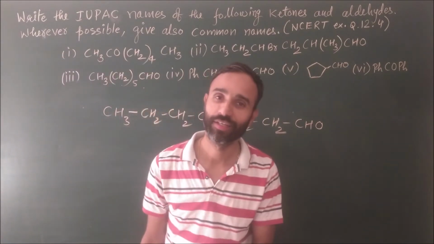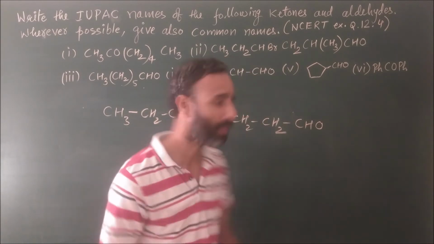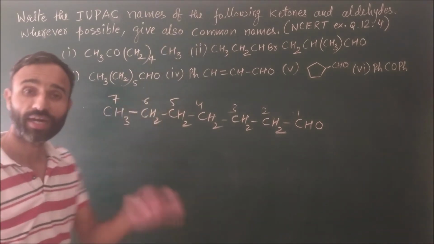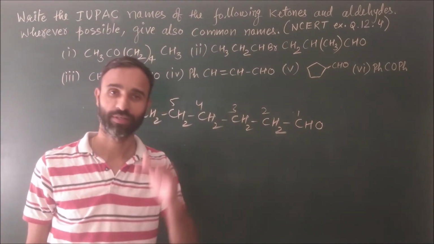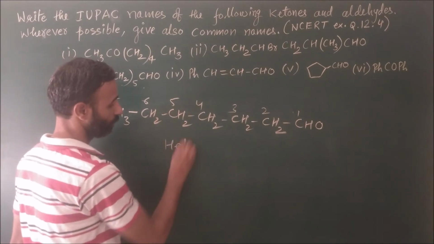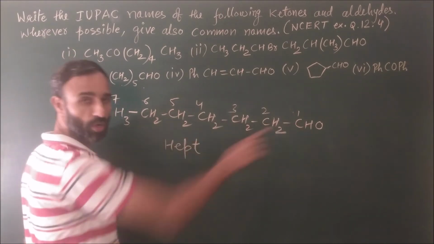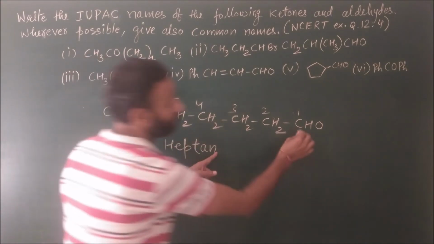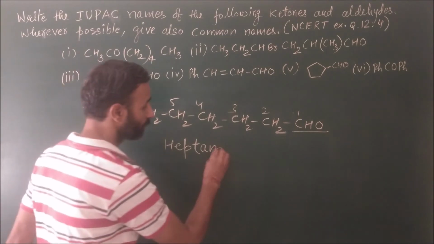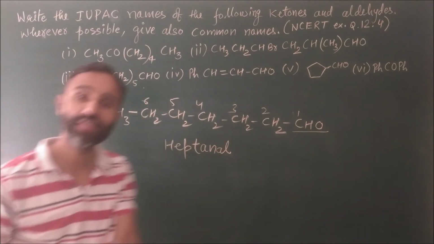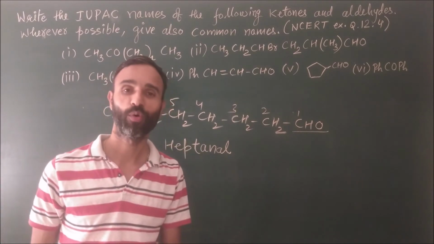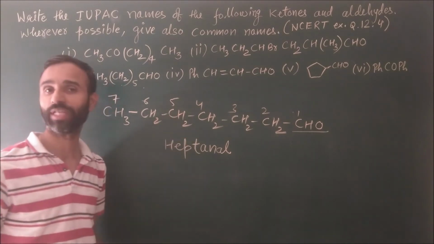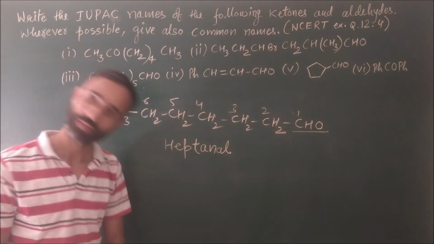CHO will get the lowest number, that is number 1, 2, 3, 4, 5, 6, 7. So there are 7 carbon atoms. For 7 we use hept, single bond between carbons. E is replaced because for CHO it is al, so it is heptanal. Keep in mind, it has no common name. It has only the IUPAC name, and the IUPAC name is heptanal. Okay?